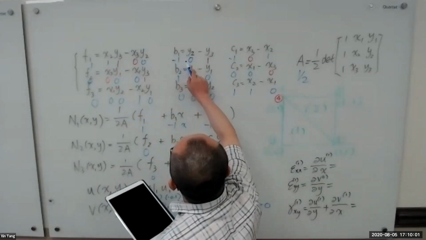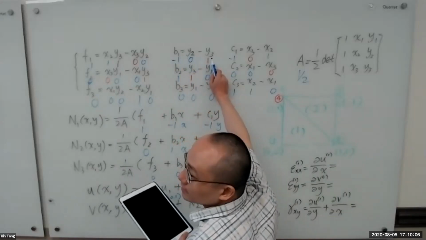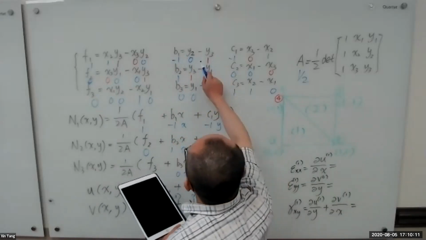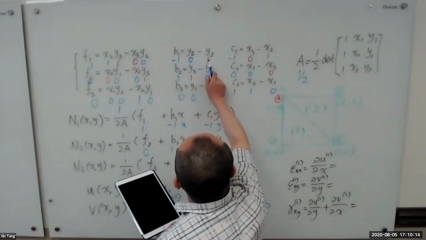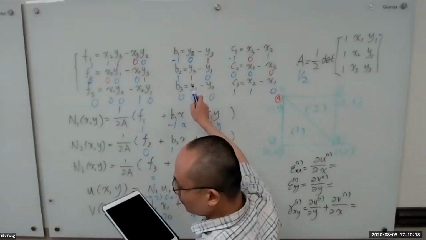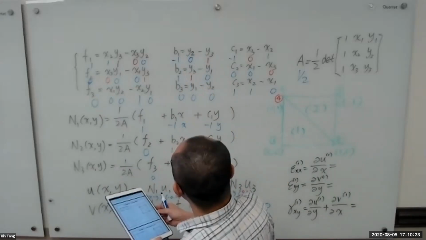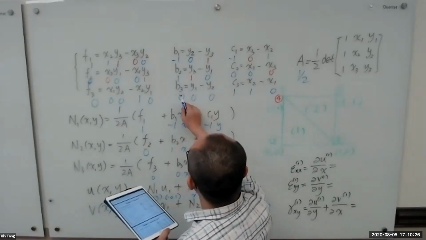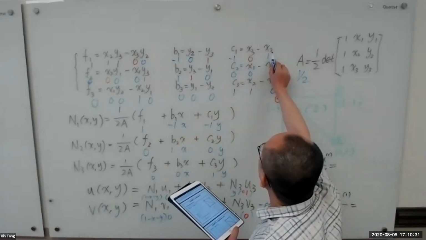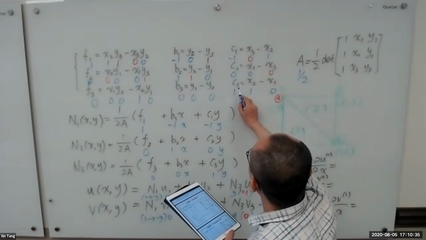b1 equals y2 minus y3. Again, y3 is the y coordinate of node 4. So 0 minus 1 equals minus 1. b2, you can use the corresponding expression in the slides, equals 1. b3 equals 0. c1 equals x3 minus x2, which is 0 minus 1, equals minus 1. c2 is 0. c3 equals 1.